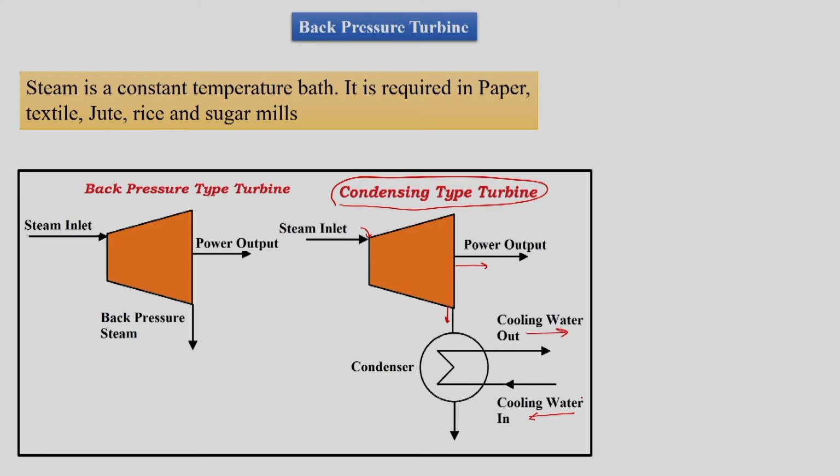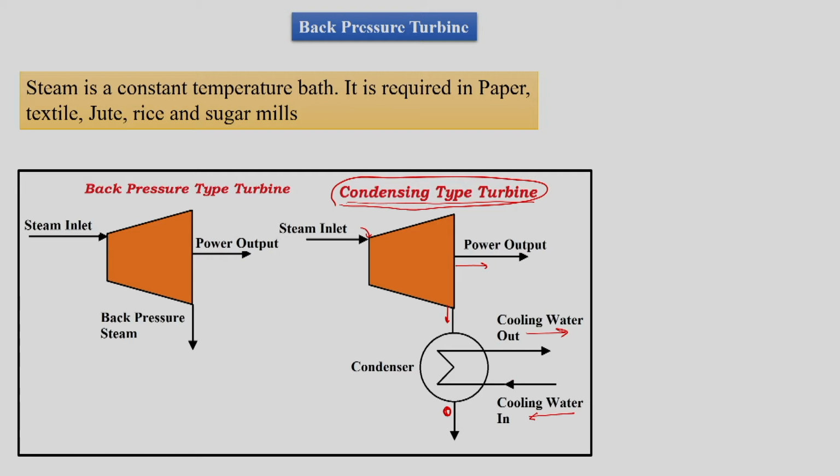This cooling water is from natural resources, as we said earlier. It takes the heat from the steam, and due to this heat transfer we get saturated liquid water at the exit of the condenser, which is then circulated. This arrangement is what we call a condensing type of turbine.